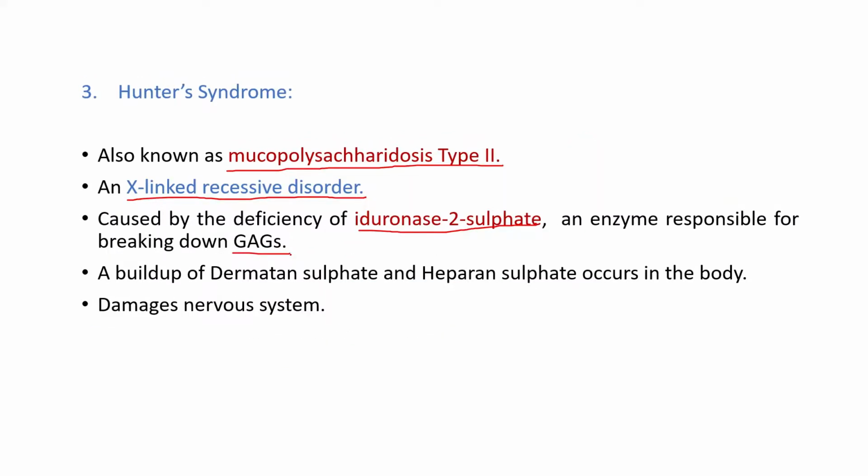Here it's iduronate 2 sulfatase. In the deficiency of this enzyme, there is a buildup of dermatan sulfate and heparan sulfate in the body, and this damages the nervous system. So both Hurler syndrome and Hunter syndrome are almost similar. The only difference is in the enzyme.